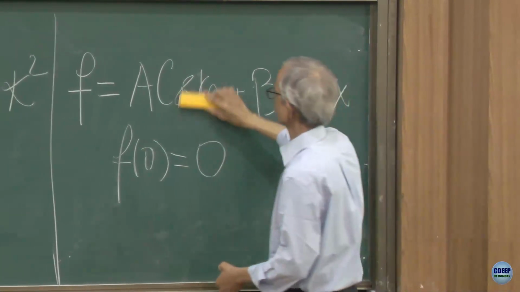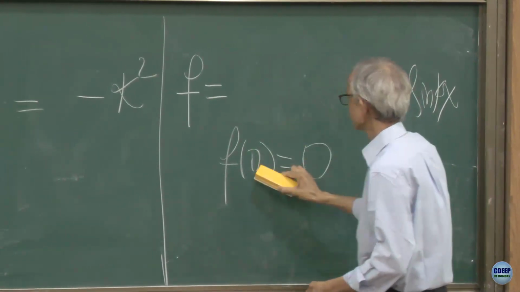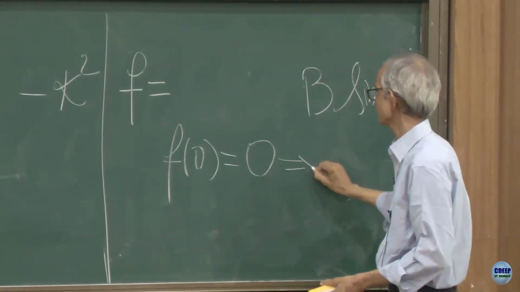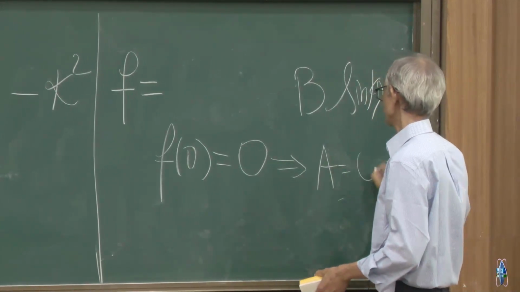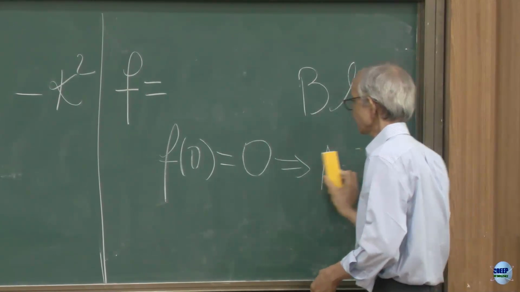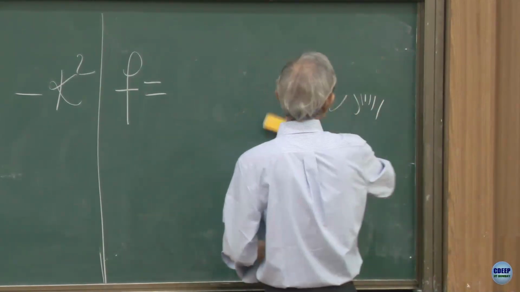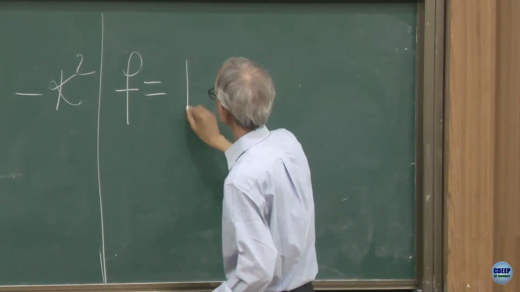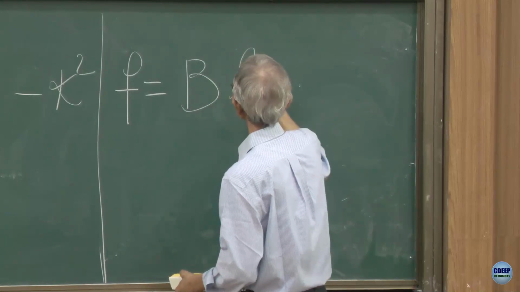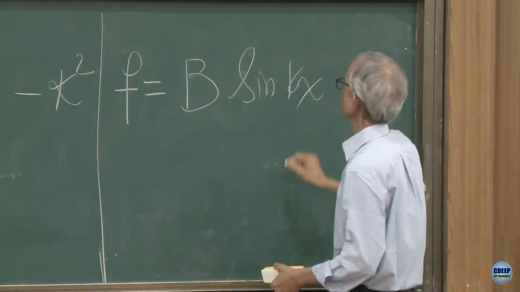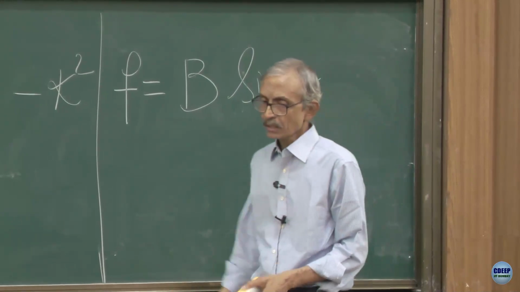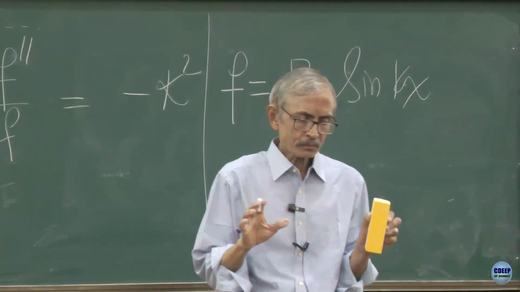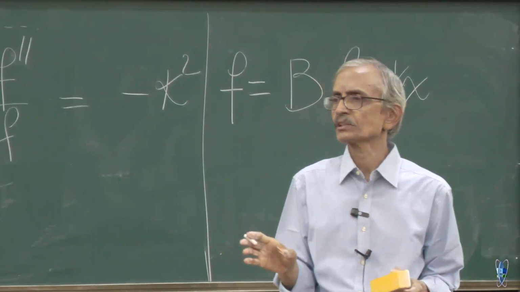This term is going to go to 0. Right? f(0) equal to 0 implies a equal to 0, and therefore f is again our friend sine of kx.